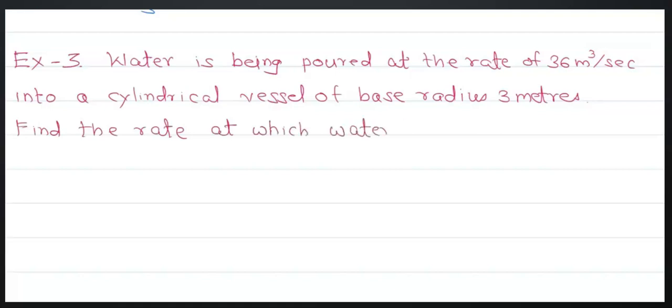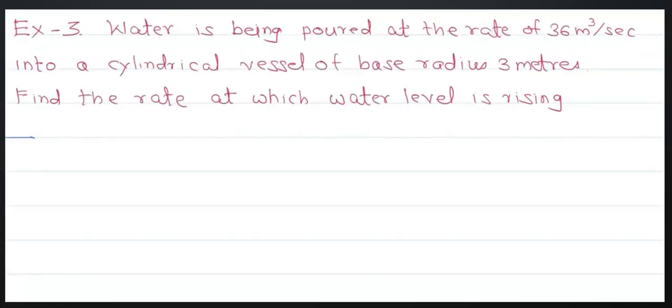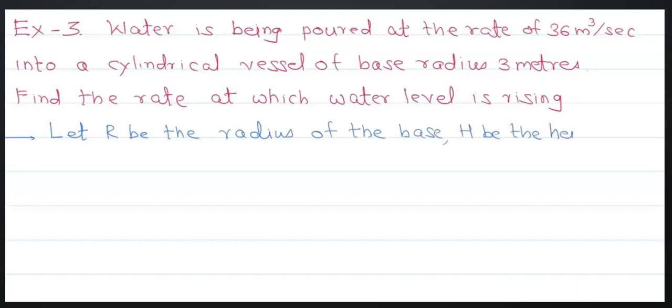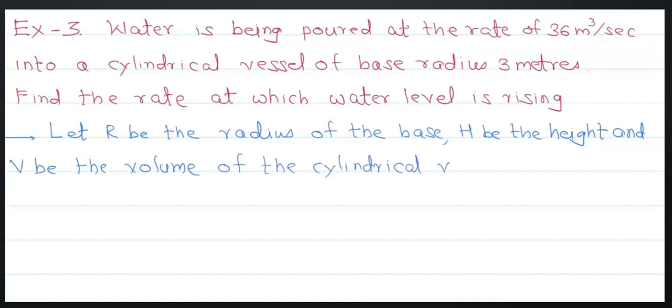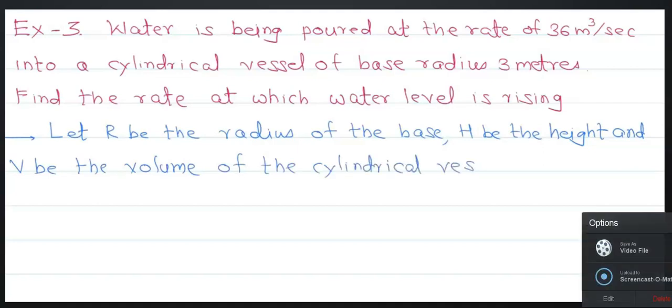Find the rate at which the water level is rising. Let capital R be the radius of the base, capital H be the height, and V be the volume of the cylindrical vessel.